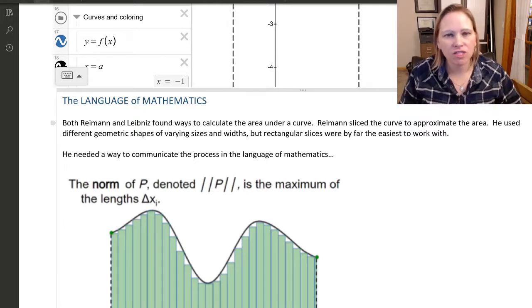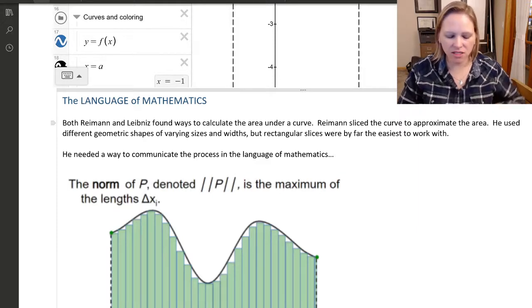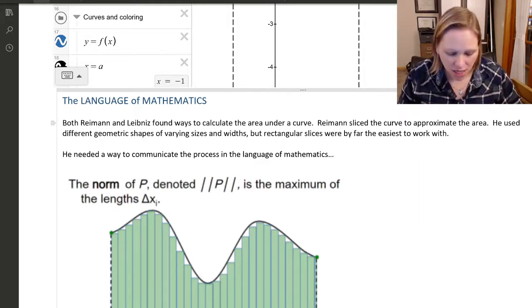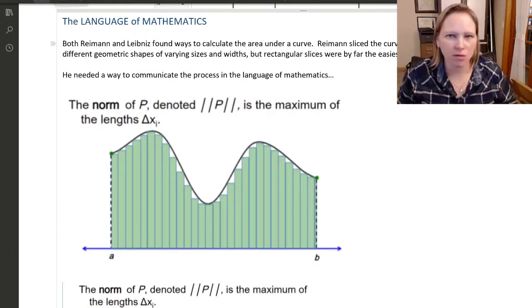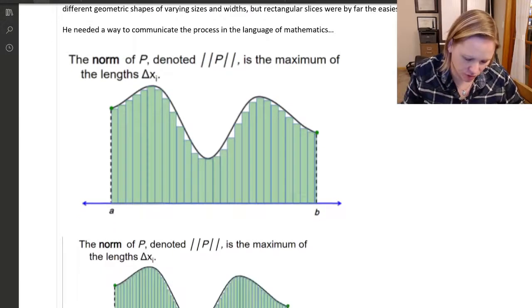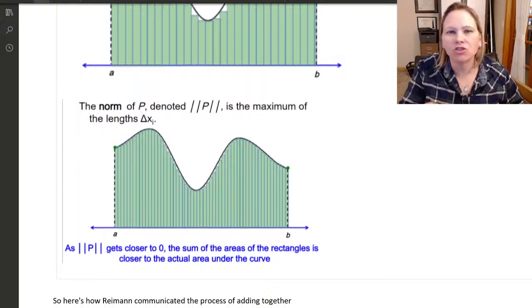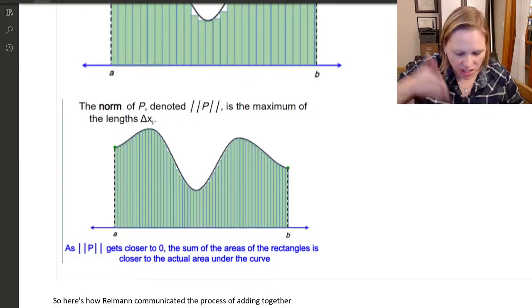You can use different geometric shapes, not just rectangles, varying sides and widths. But generally Riemann used rectangles. And he decided the rectangles don't always need to be the same width. So he said, we're going to call the norm the maximum width that we're going to have in our intervals. Again, you don't need to write this down. But then he said, we're going to divide it up.